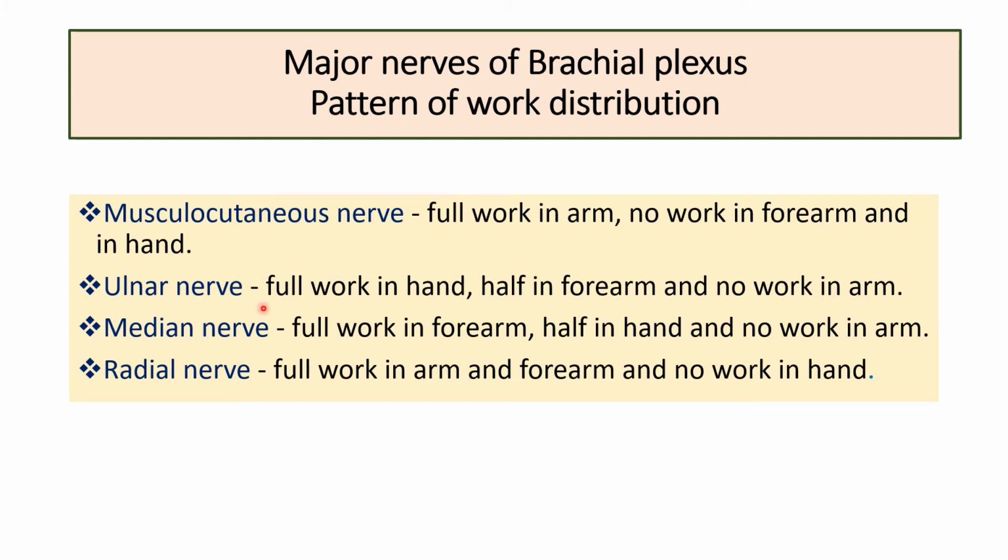Then coming to the ulnar nerve, it is doing full work in the hand, half in forearm and no work in arm. The median nerve is doing full work in the forearm, half in hand and no work in the arm. If you take the radial nerve, it's doing full work in the arm and forearm and no work in the hand.